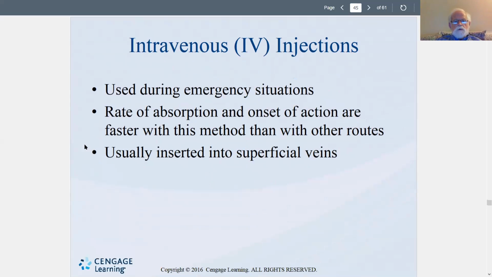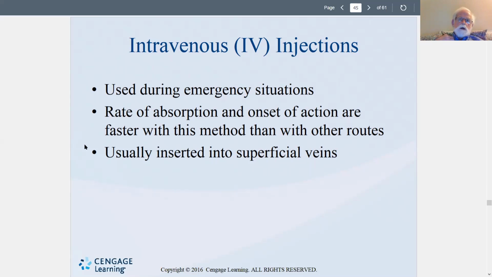IV is not necessarily used during emergency situations, although it often is. We go into some sort of superficial vein. It can be a hand, an arm, a foot, whatever is available.